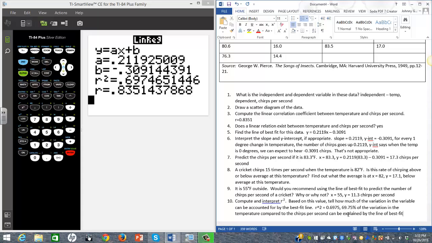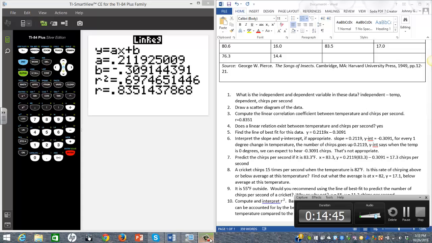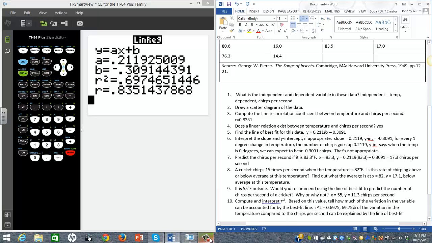There could be other things that affect chirps per second there. I would assume things such as humidity may affect chirps per second, time of night, time of day, that sort of thing. So there's other things that are unaccounted for there. Otherwise, we'd have 100% coefficient of determination, and that's just not so.